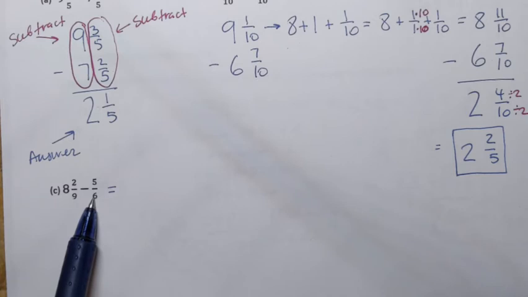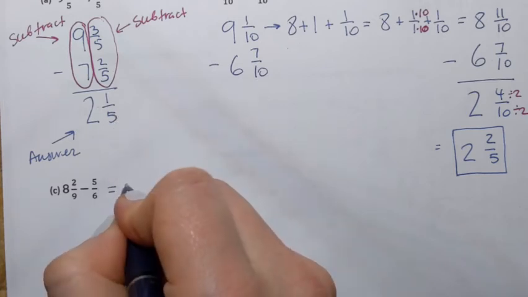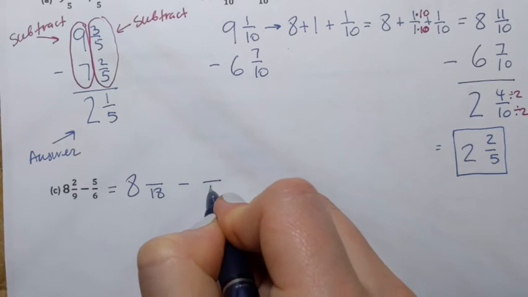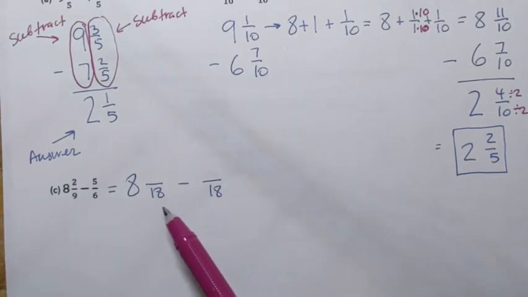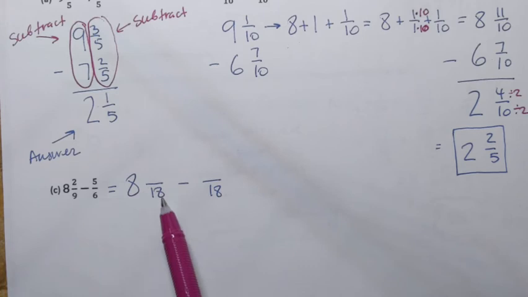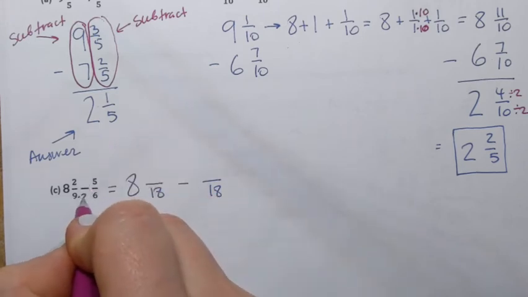I think it's 18, right? I think both 9 and 6 can be divided into 18. 8 and something over 18 minus something over 18. So I rewrite them with new denominators. Let's see what we need to put in the numerators. So if my original denominator here is 9 and I want it to be 18, it means that it has to be multiplied by 2.